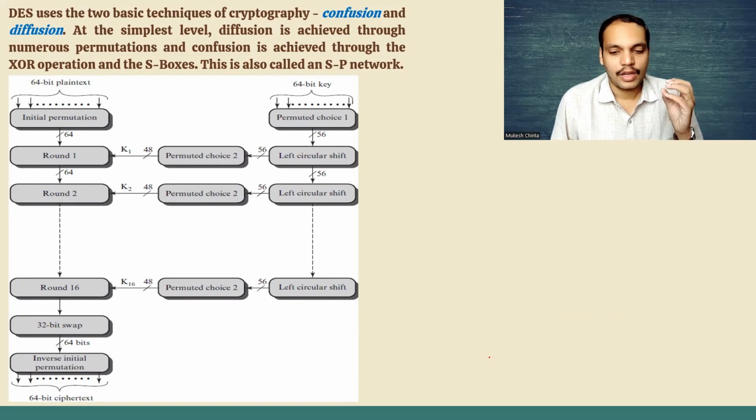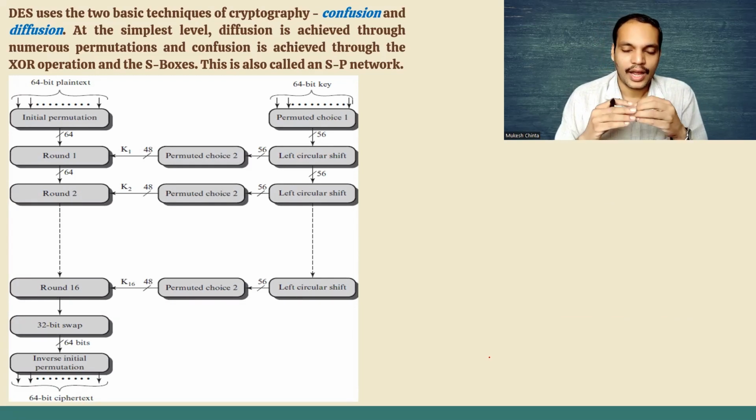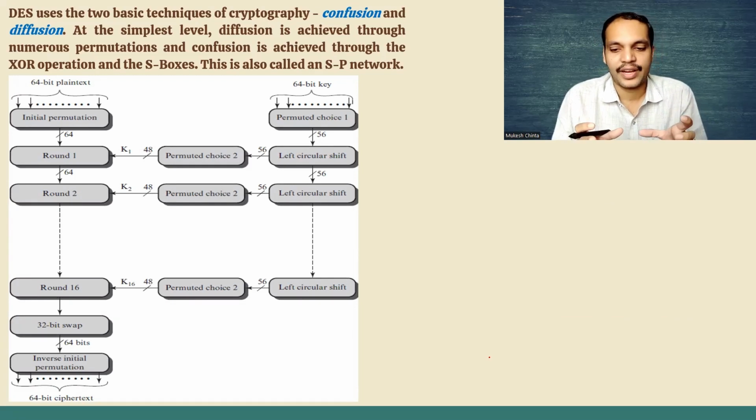The property of confusion hides the relationship between the ciphertext and the key. It means that each bit of the ciphertext should depend on several parts of the key, completely obscuring the connection between the two. It makes cryptanalysis much more difficult.